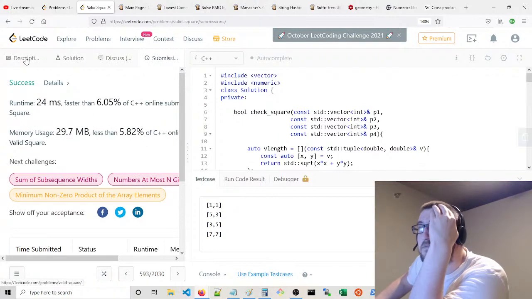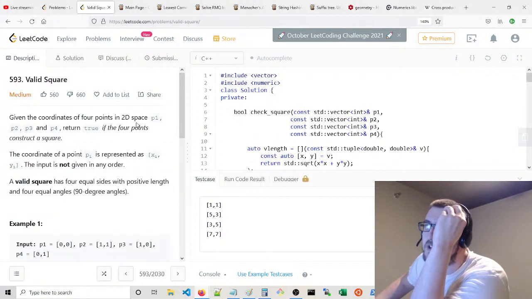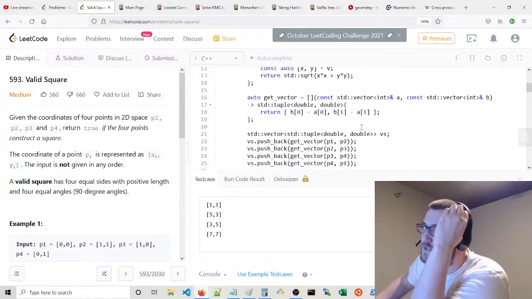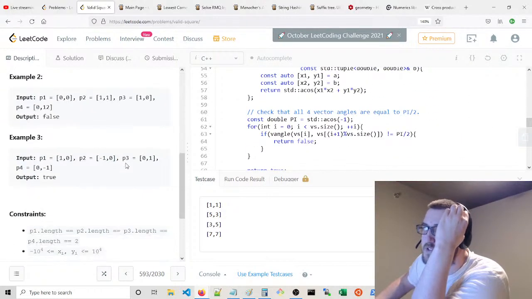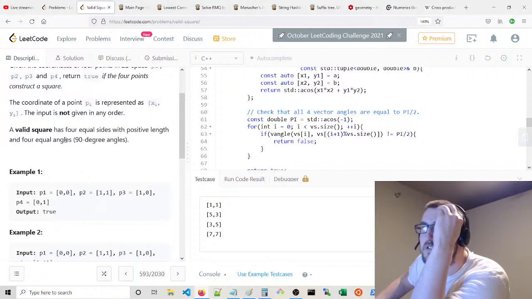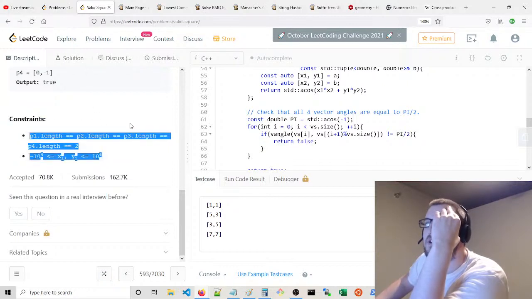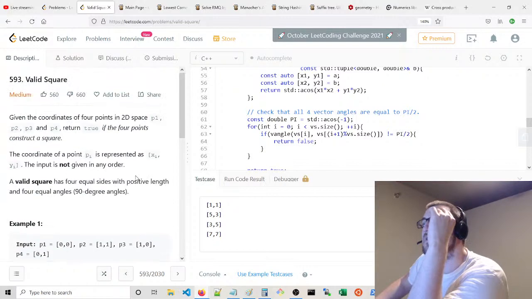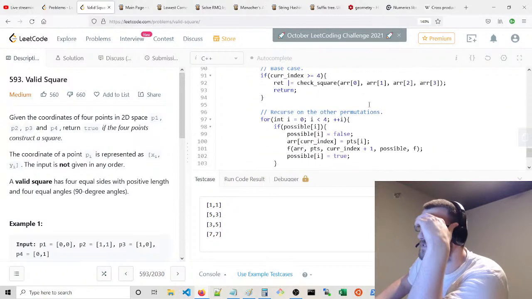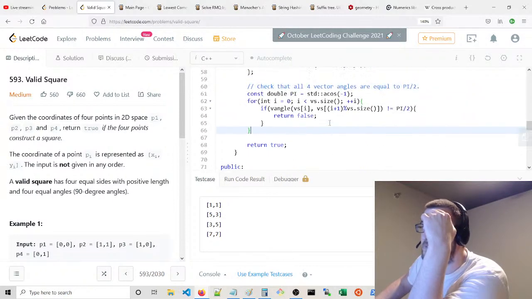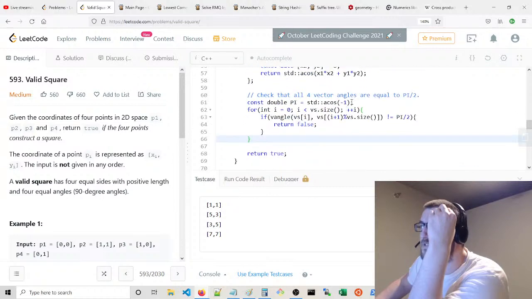I guess probably the other solutions assume that these points are all integers, or they're given by integers. And so you really don't need to do, well, I don't know. There's probably better ways to do this that don't involve calculating arc cosine multiple times. Maybe that's why.